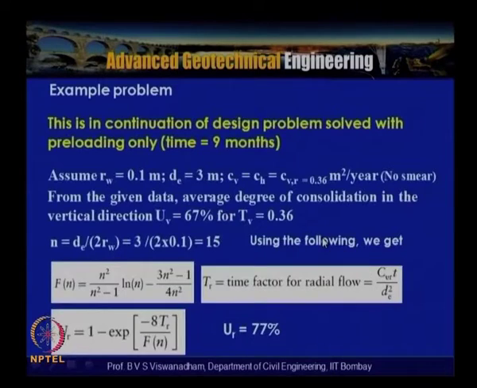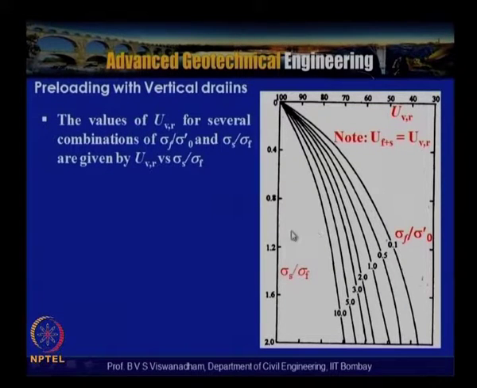So, we can see from the curve, at 0.5, that is somewhere here, and 92.4, that the sigma S by sigma F which is required is around 0.12. Sigma S is the height of the preload required, and sigma F is the permanent fill height.